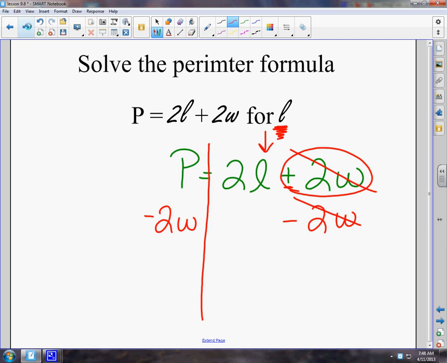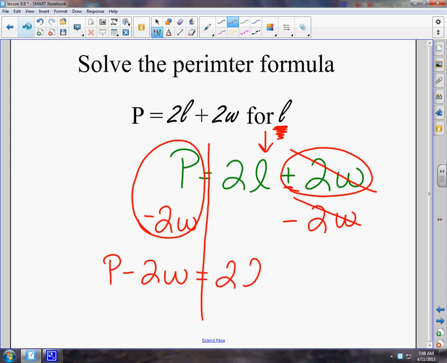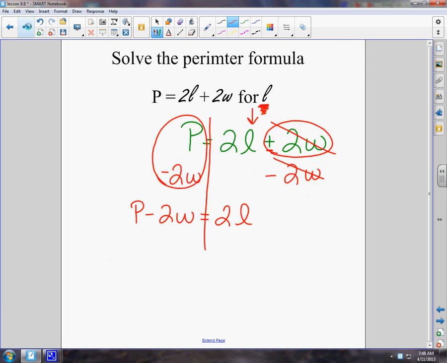Now I can't do P minus 2W because they're not like terms, so I cannot combine them. So really, all you have to write is P minus 2W. I just combine these two things into one expression, and that equals 2L. Now I'm not quite done. I haven't got just L by itself. If you remember from solving equations, this is 2 times L. So I'm going to divide by 2 on both sides.